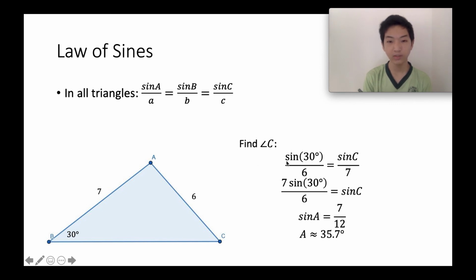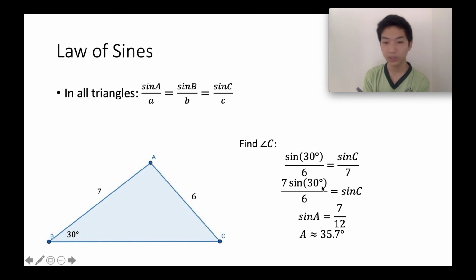So we plug it in. The sine of 30 degrees over 6 equals the sine of C over 7. So we can just use basic algebra, multiply both sides by 7, and we get 7 sine 30 degrees over 6 equals sine C. So remember last slide where we went over trigonometric values of common angles?